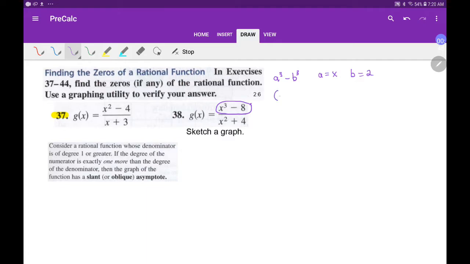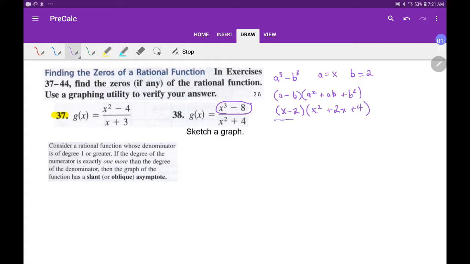And you would say a minus b times a squared plus ab plus b squared. Hopefully you're remembering this: x minus 2 times x squared plus 2x plus 2 squared.